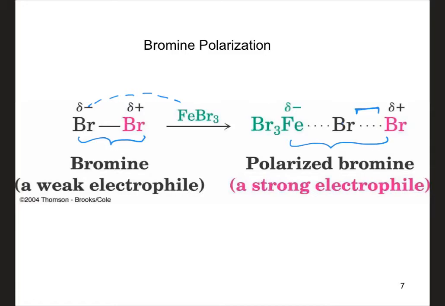If this bond breaks, it has the capability to form Br plus and FeBr4 with a negative charge. Now that's a complex ion, and so one of the bromines is going to stay coordinated among the d orbitals of the FeBr3. So we have just generated our electrophile.